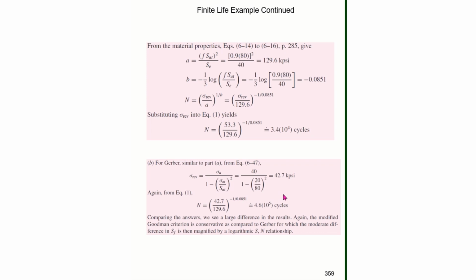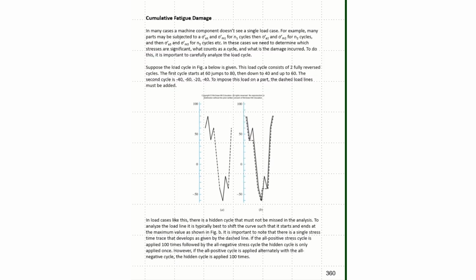So this is a great example because it shows us how to do finite life with a fluctuating stress component. You'll want to make sure that you understand this problem, and that we now want to introduce the idea of cumulative fatigue damage. In many cases, a machine component doesn't just see a single load.